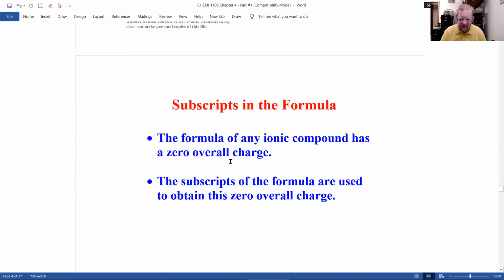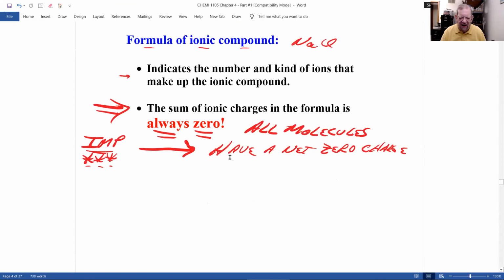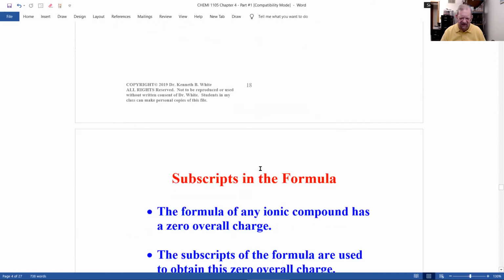I'll never ask you this slide in the sense of writing it on a test, but let's show you how you apply this. Again, all molecules have a net zero charge. It's so important, I'm going to say it once more. All molecules have a net zero charge.